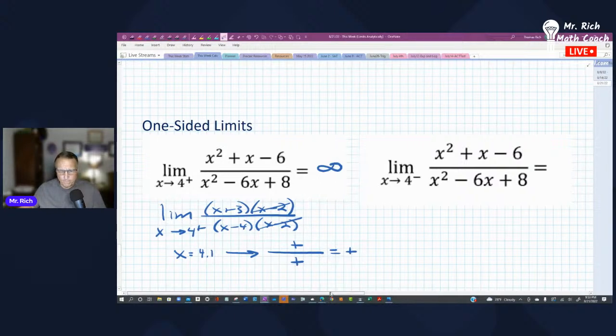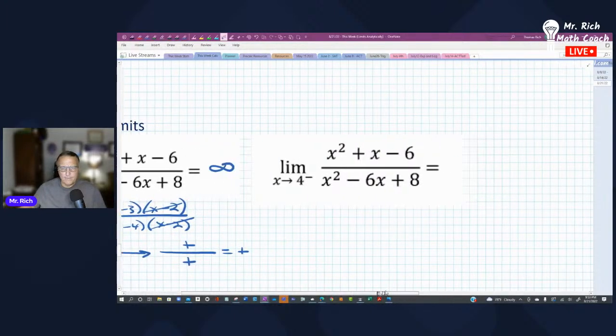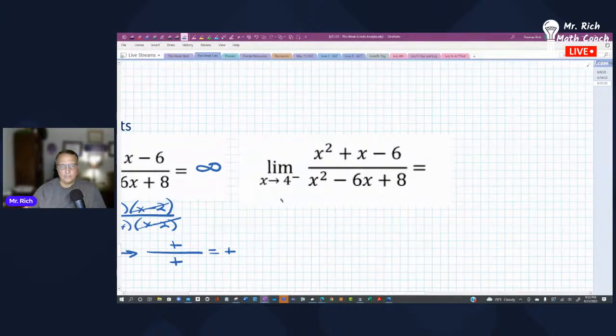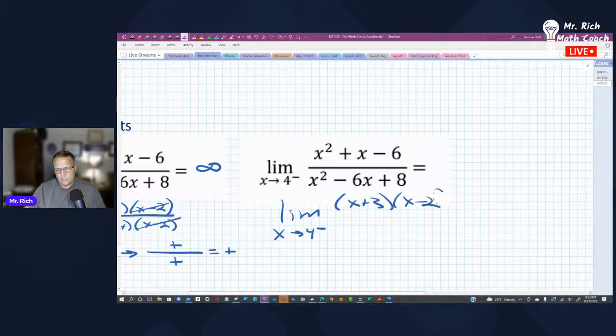Over here, this one, same analysis, right? So this ends up being the limit as x goes to 4 and coming in from the left. And I've got the x plus 3, x minus 2 on top, and x minus 4, x minus 2 on the bottom. These are canceling. I'm now going to let x be a number that's just to the left of 4, which would be 3.9.